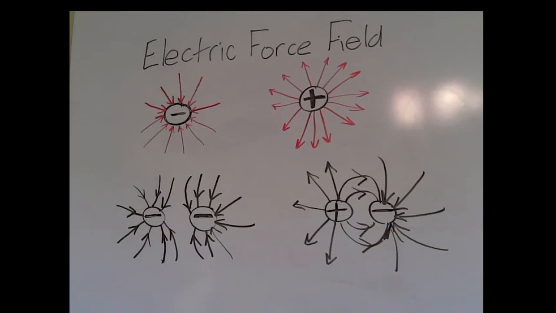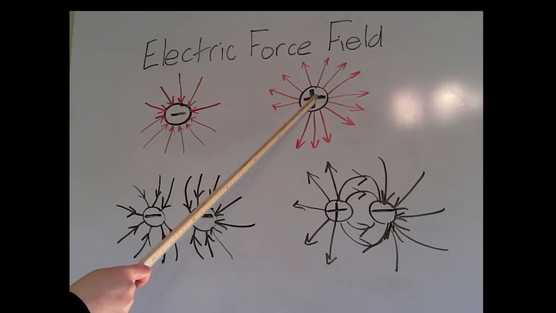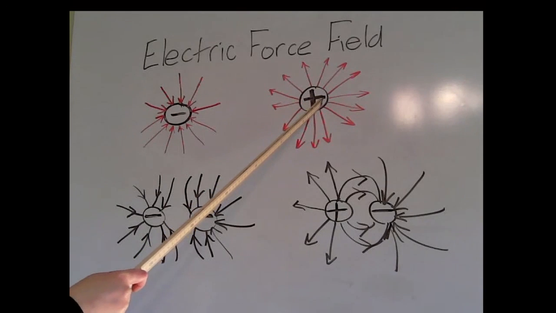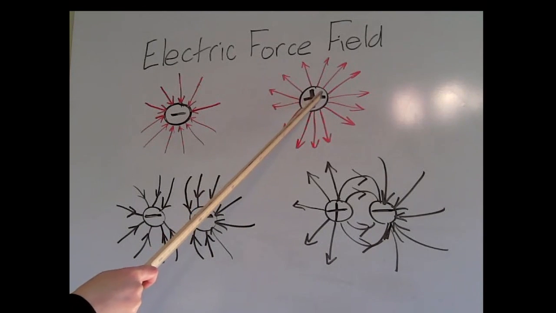The direction of the electric field for a positive charge is away from the charge. So we're going to draw force lines away from positive charge, and that's what I have drawn right here.